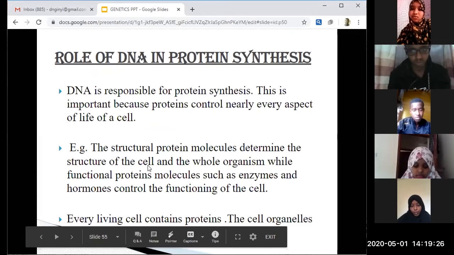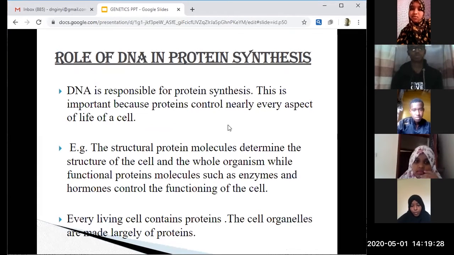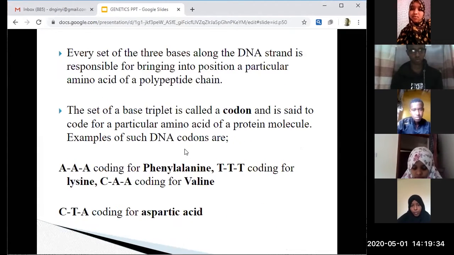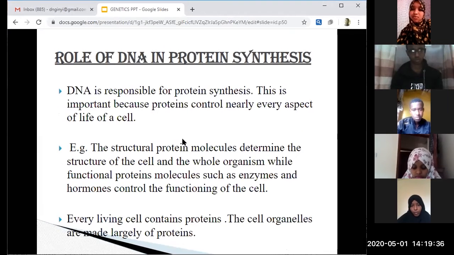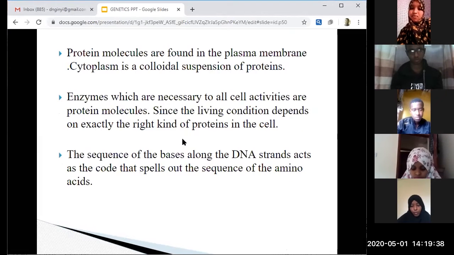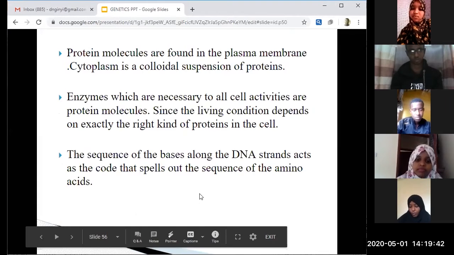Now, the information which is stored in the DNA molecule is copied and transferred to the cytoplasm. Let me explain that by looking at this example here.